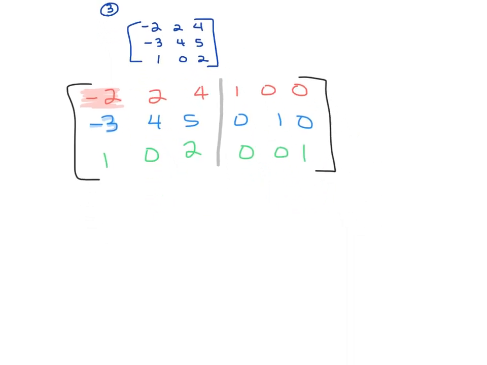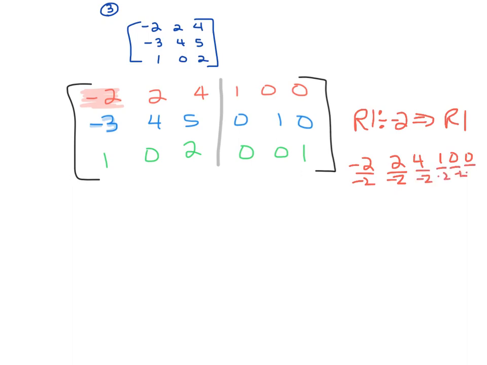So I'm going to take row 1 and divide it by negative 2. And that will give me my new row 1. So this will now give me, let me just write it here, negative 2, 2, 4, 1, 0, 0. Divide them all by negative 2, and I get 1, negative 1, negative 2, negative half, 0, and 0.